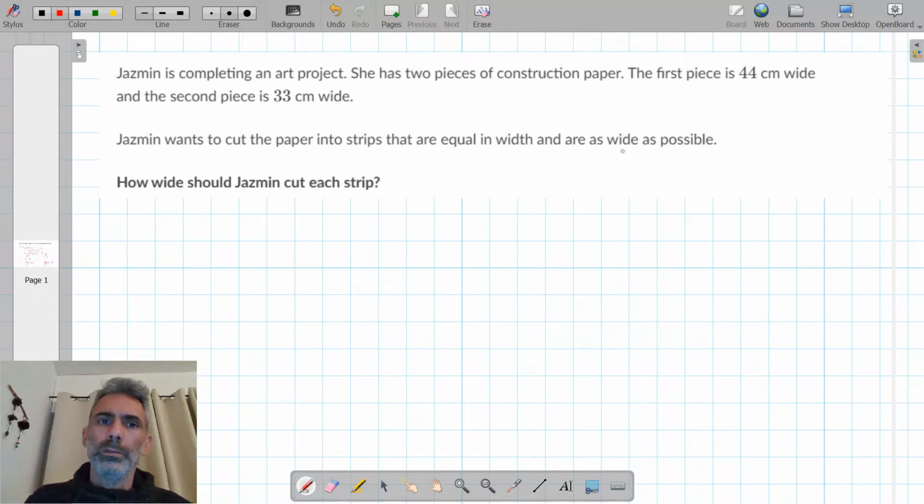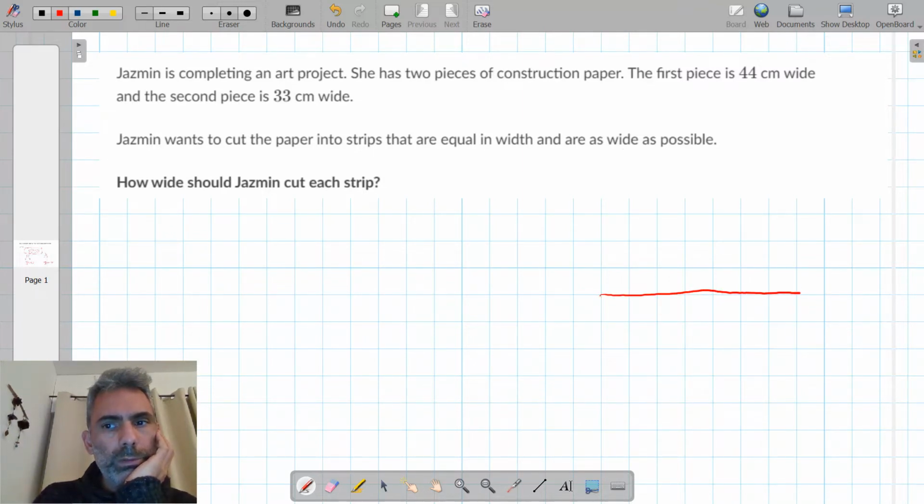Okay. So we know the width of the paper in each piece.